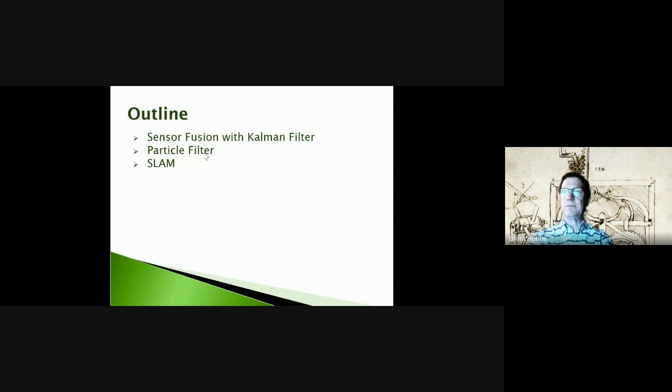We want to have a reliable and accurate localization system, and sometimes one single sensor isn't going to do that. So we're going to talk about fusing multiple sensors together with a Kalman filter initially, and then a particle filter, and then SLAM, which is simultaneous localization and mapping.